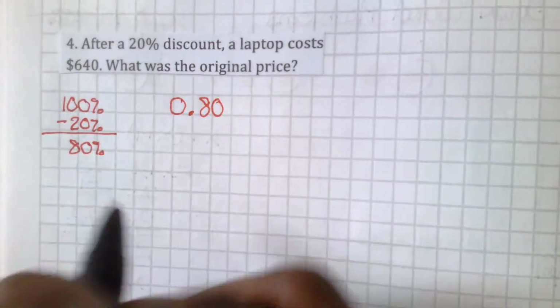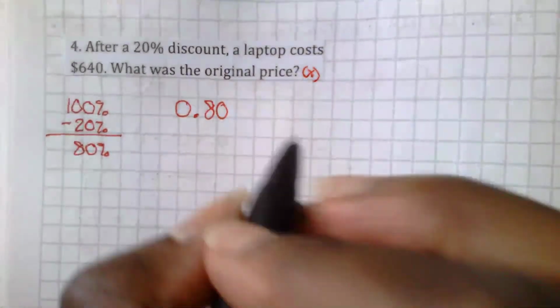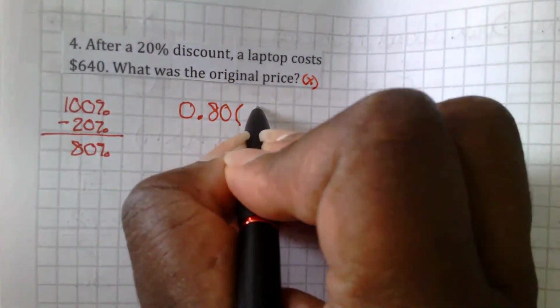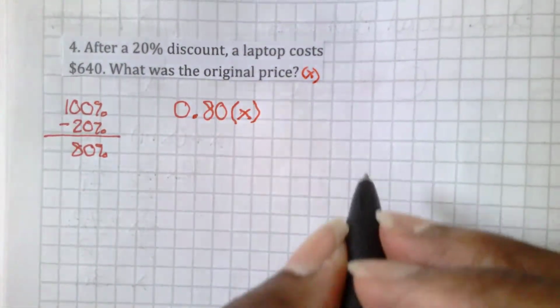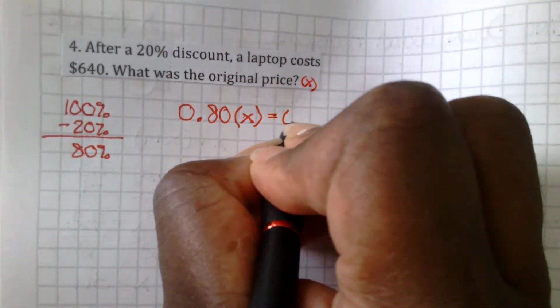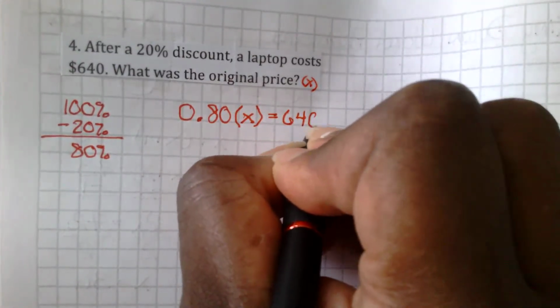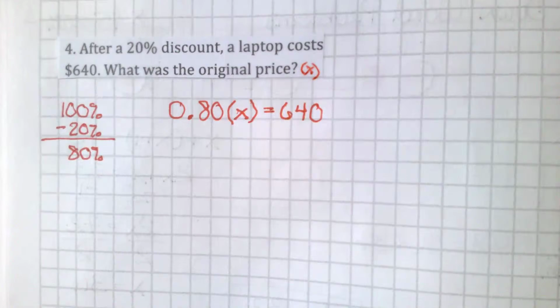So we don't know what the original price is. The original price is going to be my X. So I'm going to multiply by X, and that cost is equal to 640. Now we want to get X by itself.